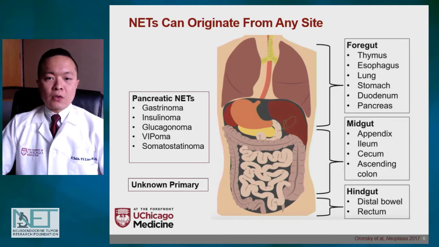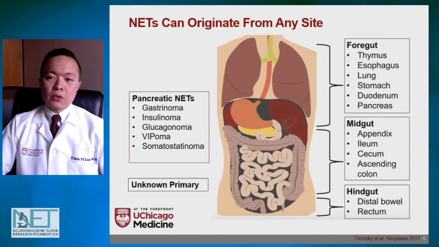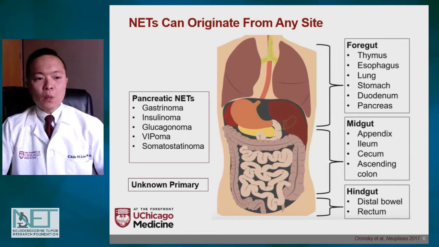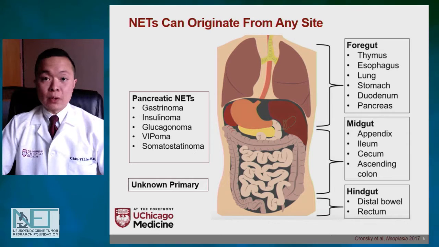Neuroendocrine tumors can originate from any site of the body, and traditionally we classify them based on their origin from embryological development. We have the foregut neuroendocrine tumors, which include those arising from the thymus, esophagus, lung, stomach, duodenum, and pancreas. We have the midgut neuroendocrine tumors, which include tumors arising from the appendix, ileum, cecum, and the ascending colon.